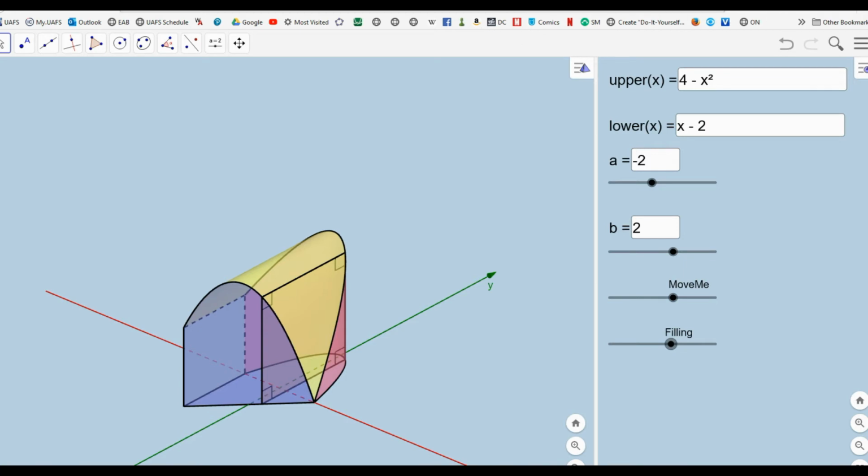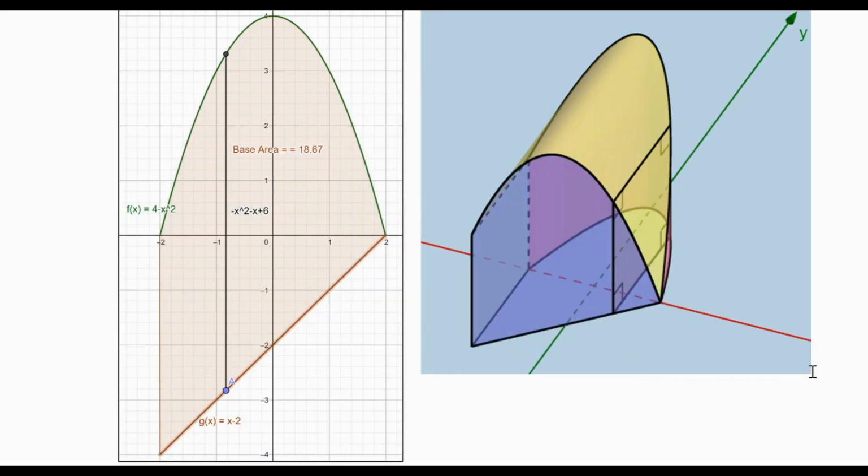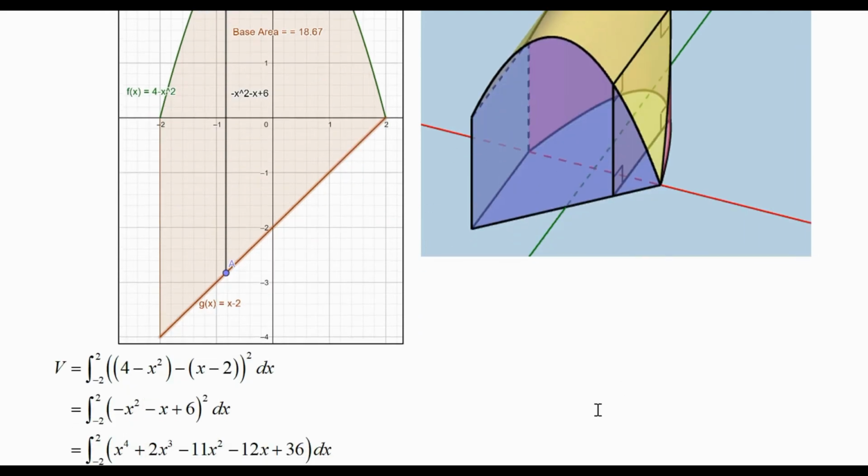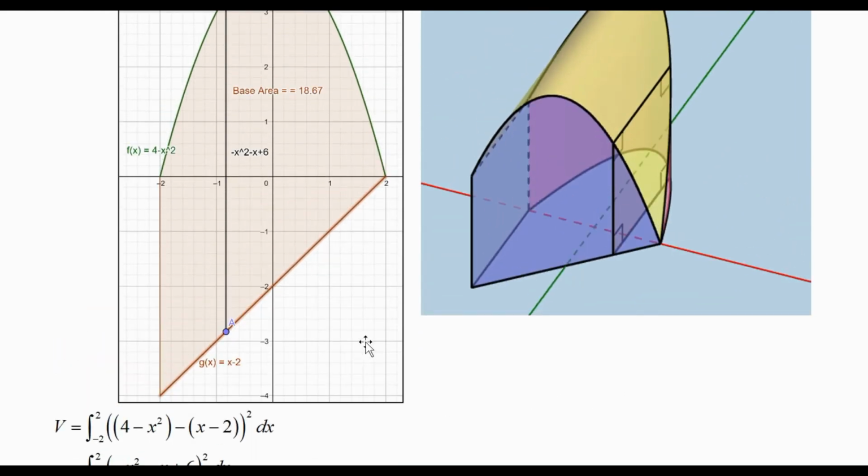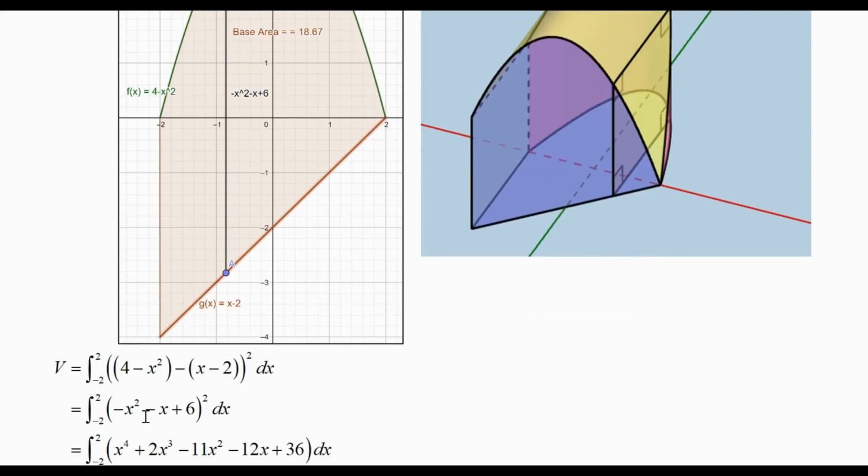Okay, so let's go back to our illustrations again. Our volume is going to be a thickness of dx, times the length of the base of our square, which is -x² minus x plus 6, and we're going to square that because that gives us the area of a square, multiplied by a thickness dx.